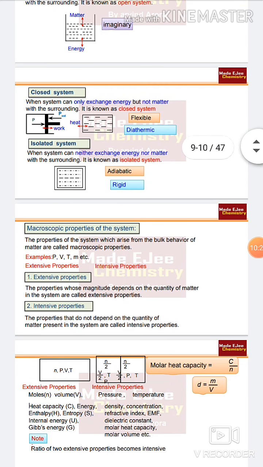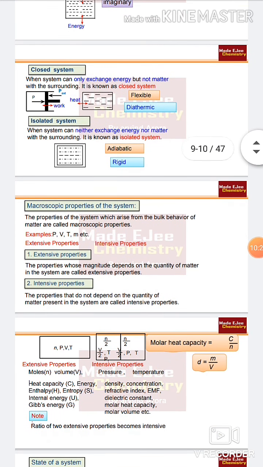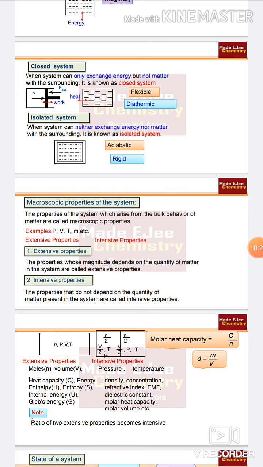Then the next is a closed system. The system in which only energy can exchange with the surrounding but not matter. In this case, if we take a beaker containing water and close it with a lid, then the water vapors cannot escape from the beaker.